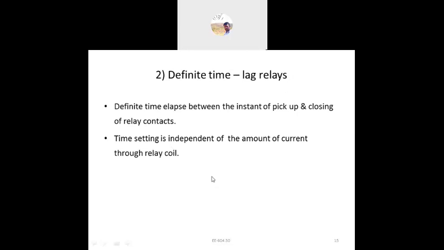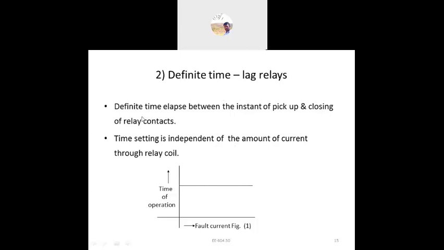Here the time setting multiplier is there. So if the current exceeds a set value, suppose 5 amperes flowing for 10 seconds, then the relay has to operate. This type of relay is called a definite time lag relay.